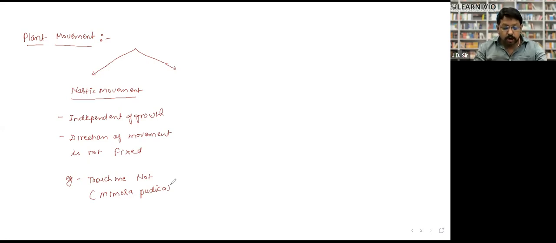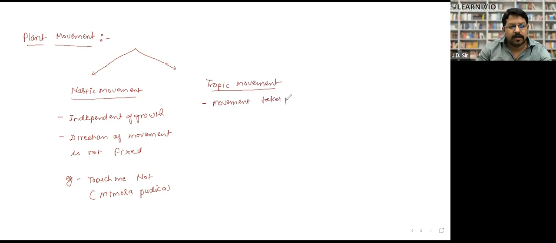Second movement, they are called tropic movement or tropism. What are the tropic movements? These movements take place due to growth.